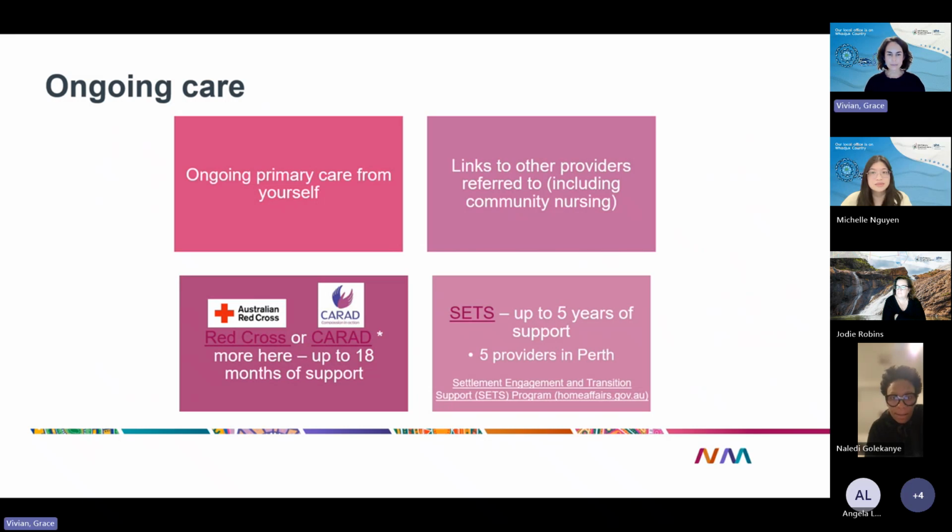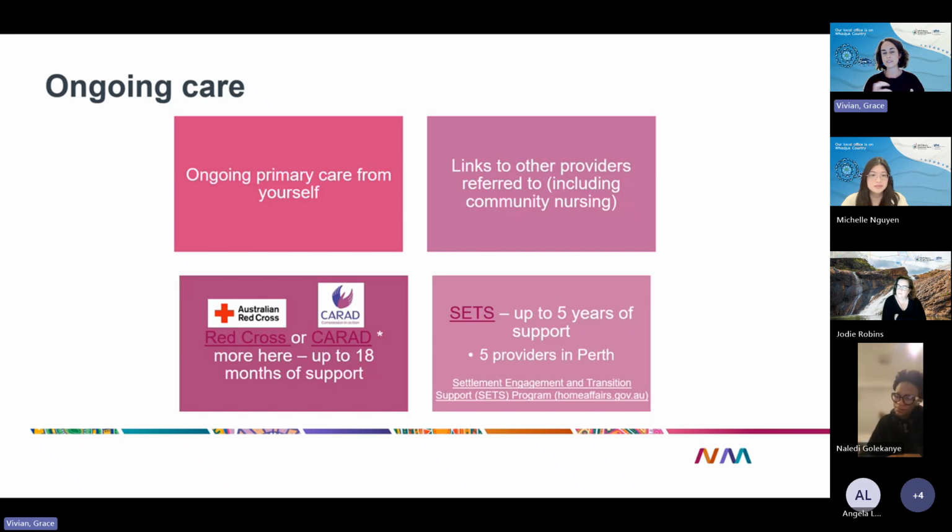Apologies for some of the confusing wording there, but essentially Red Cross, as I've mentioned, support our newly arrived refugees. CARID, which stands for the Centre for Asylum Seekers, Refugees and Detainees, try to support asylum seekers who basically aren't picked up through the HSP system that Red Cross supports.